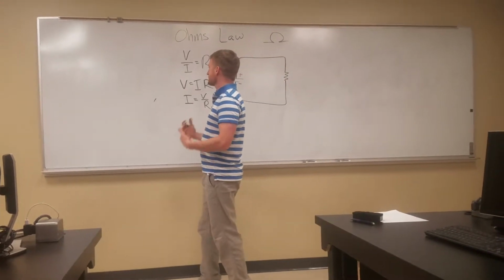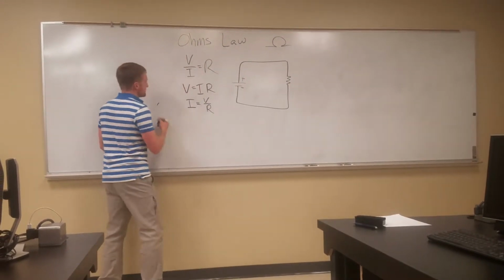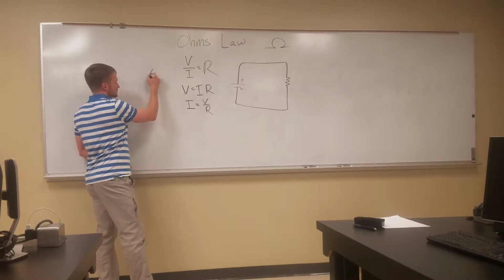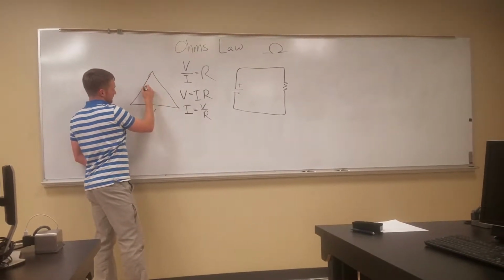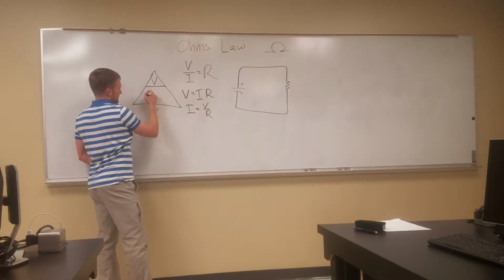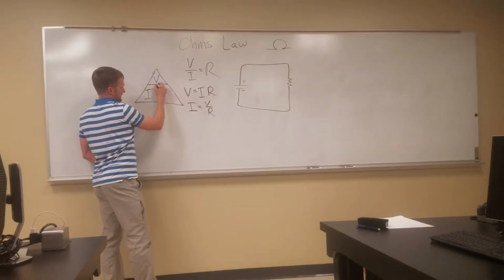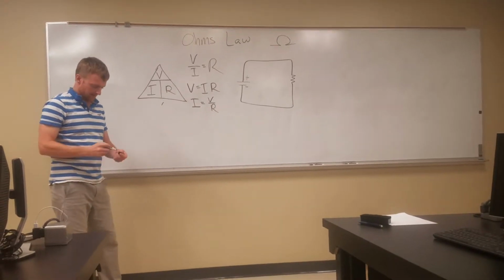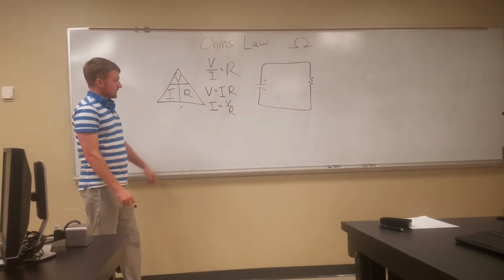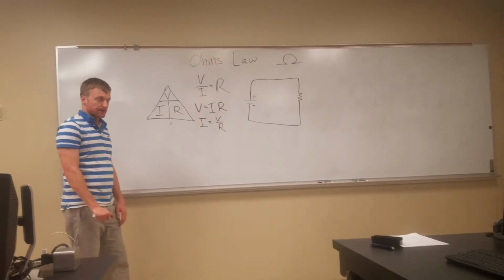One quick and easy way to apply this anytime you need is to follow this triangle plan here, putting voltage up top, current and resistance in the bottom. I'll show you this as an example in a little bit.